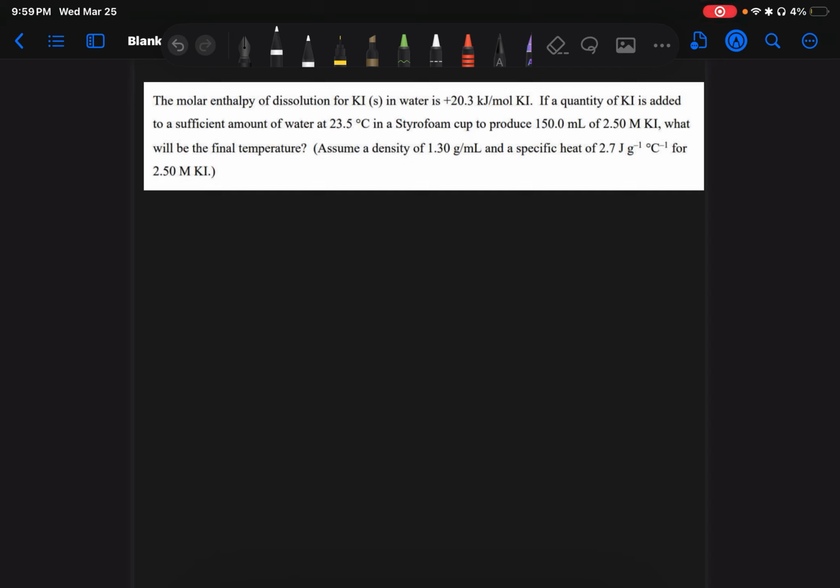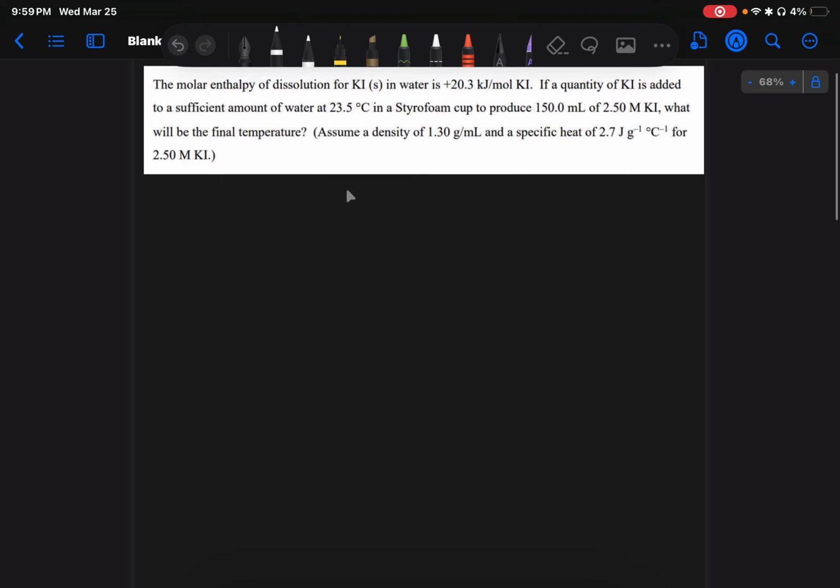Okay, so calorimetry question. I think the first thing is just to find out what the actual Q of reaction is.